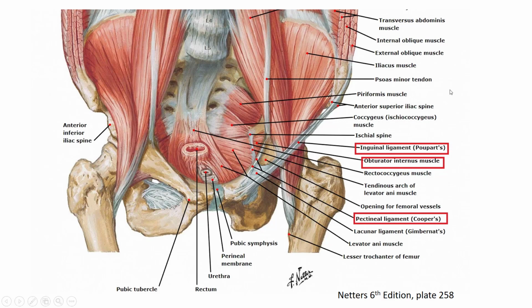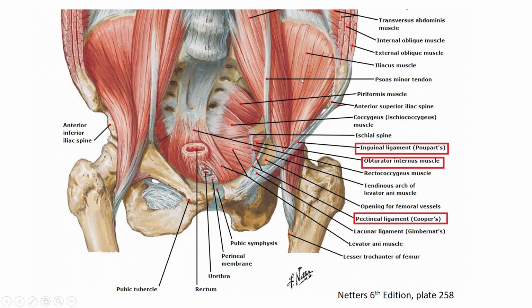And here are some views of the pectineal ligament and the pectineal muscle. These are harder to find in Netters, and they're going to be easier when I show you on the CT and MRI images. They're much easier to visualize. Again, this is another great view of the inguinal ligament that runs all the way from the symphysis pubis up to the ASIS, the anterior superior iliac spine.